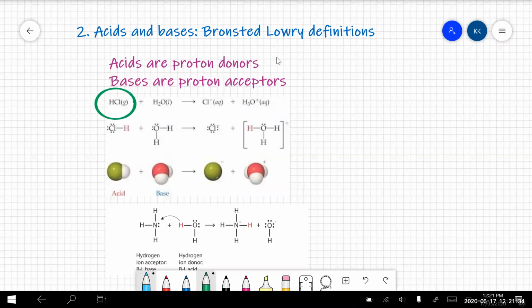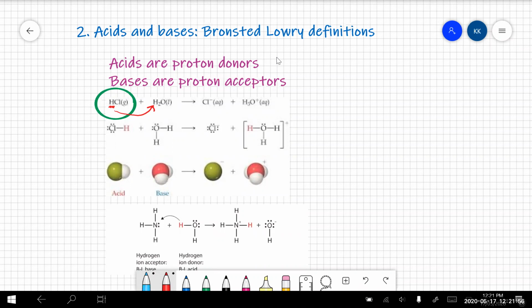It's reacting with water, and we're going to see that this hydrogen is going to move over to the water molecule, making a hydronium ion, and what's left behind is the chloride ion. We can look at this through an electron dot diagram.